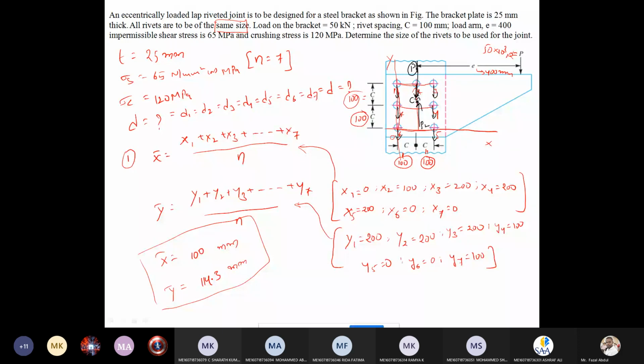That is direct shear, PS. How much is the direct shear due to the direct loading? That is the second step here.